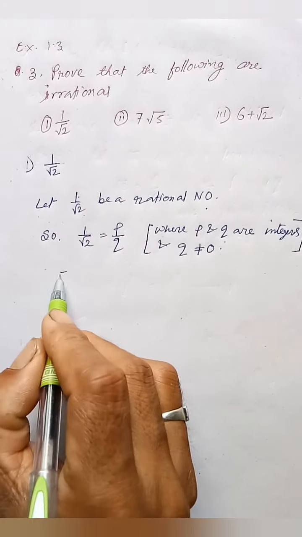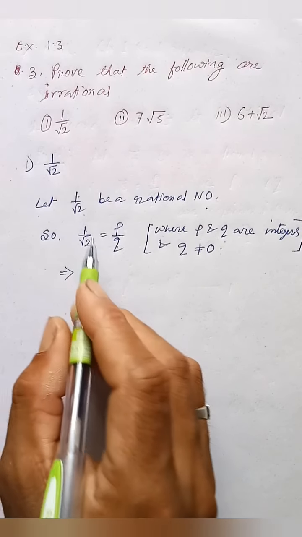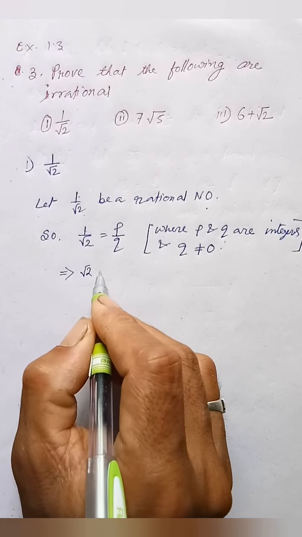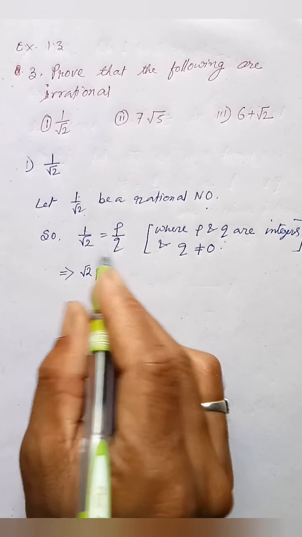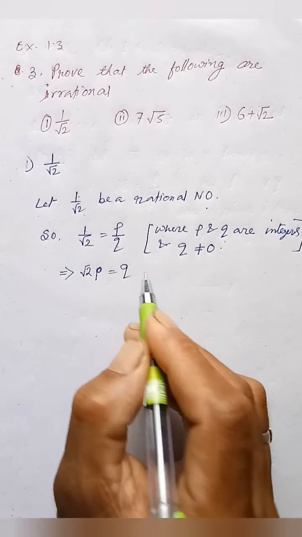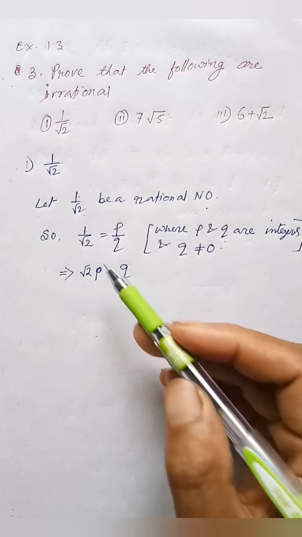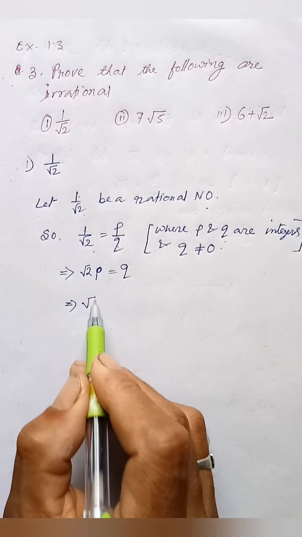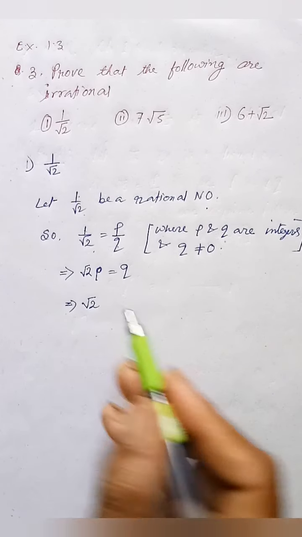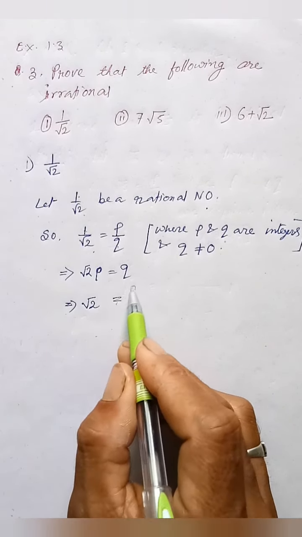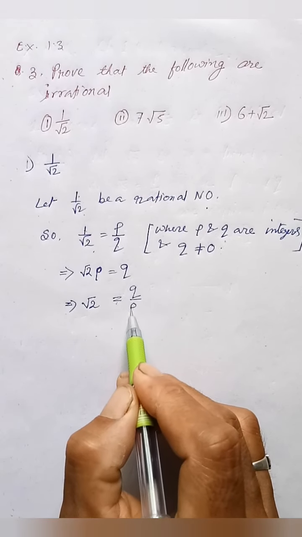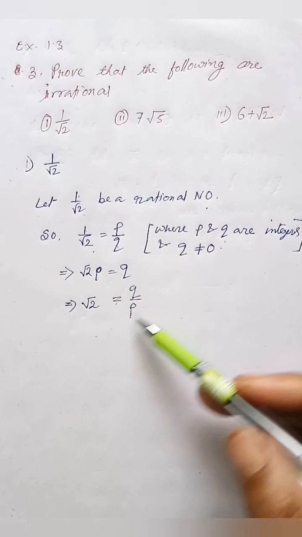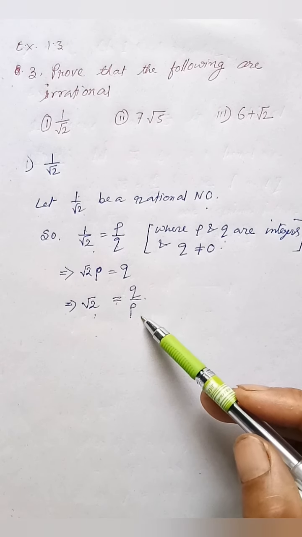Then surely by cross multiplication we will get root 2 into p equals q into 1, q. And from here you try to separate the root 2. To separate the root 2, keep the root 2 and take p to the right side. Then you will get q by p. Root 2 is equal to q by p.